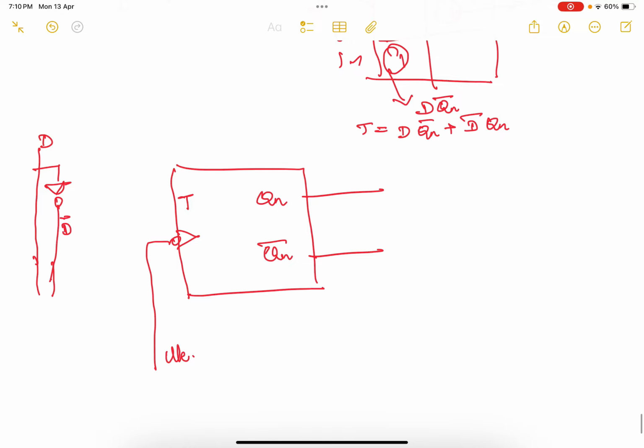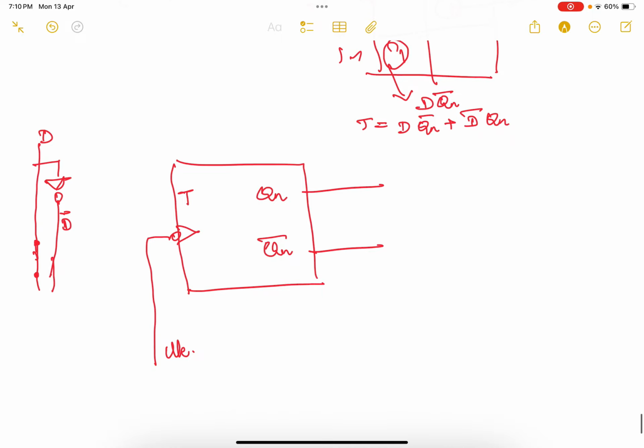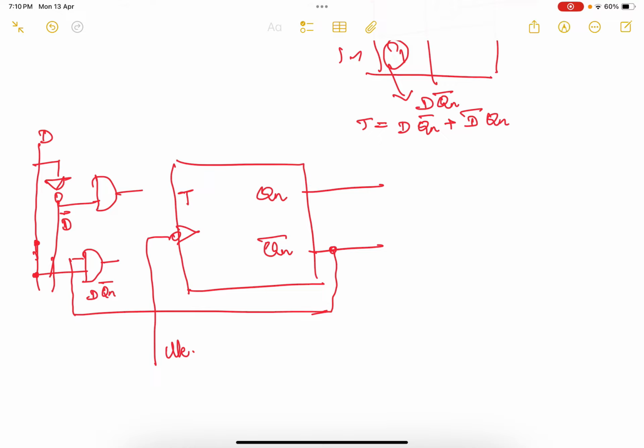So from here we will take. From here one input is D, another input is Qn bar, and similarly for here one input is D bar, another input is Qn.